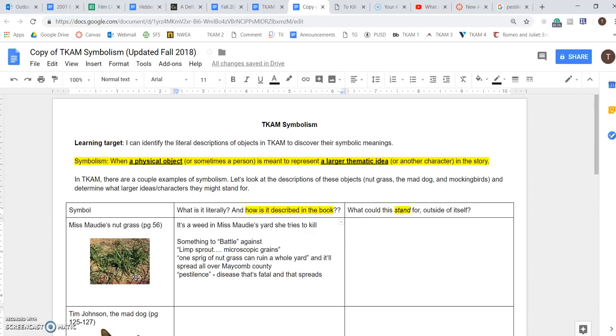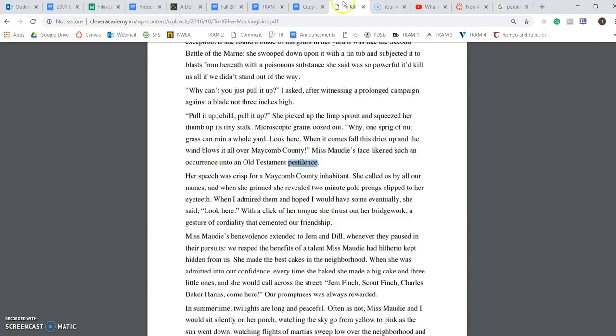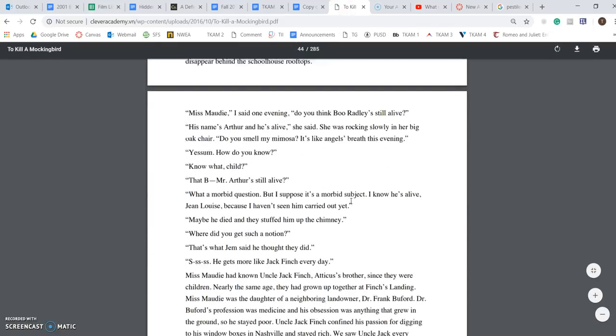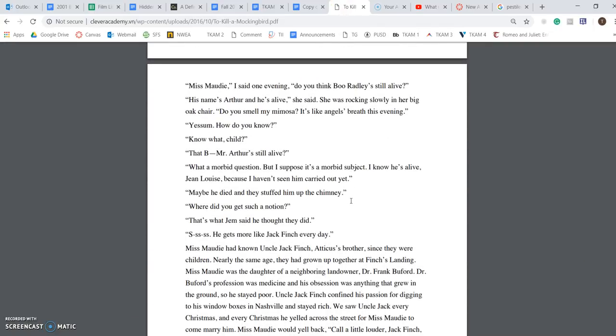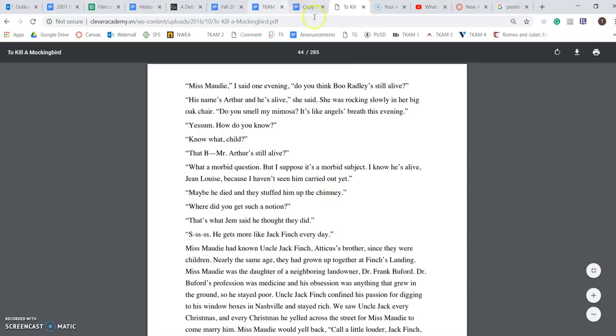But one thing that we do know about Miss Maudie, and that she goes on to do right after this, is that Scout starts talking with her about Boo Radley, and whether or not she thinks Boo Radley's alive, and what happened to him, and Scout's like, oh, maybe he died and they stuffed him up the chimney, etc., etc. And one thing that Miss Maudie does is she tries to put a stop to that.